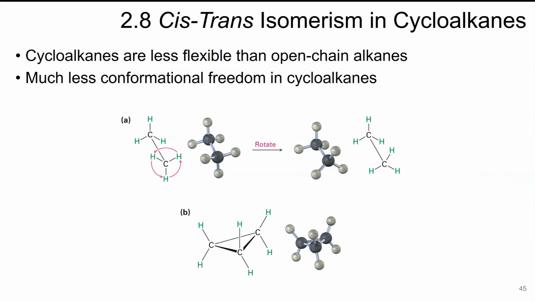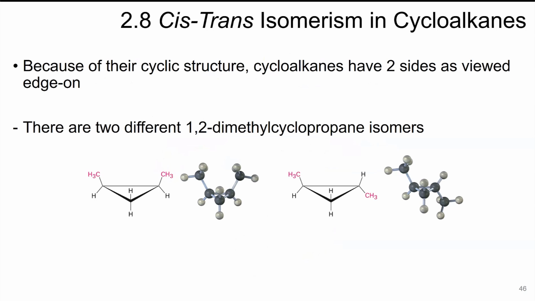Cycloalkanes are not flexible like open chain alkanes, and they can't rotate because they're locked into a ring. If we look at ethane here, that can rotate all day long and be in different conformations. Cyclopropane cannot rotate because it is locked into the ring system. Because of their cyclic structure, they have 2 sides: a top side and a bottom side.